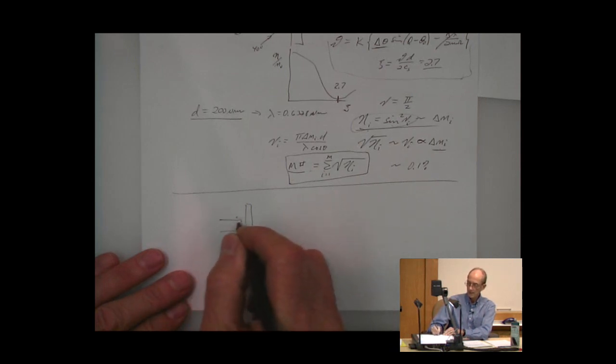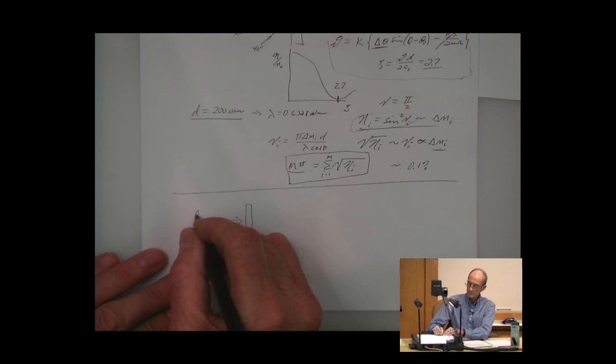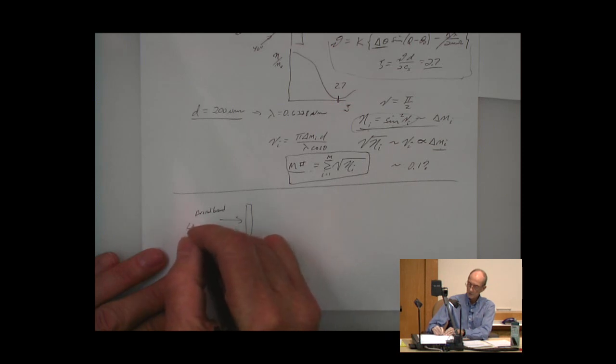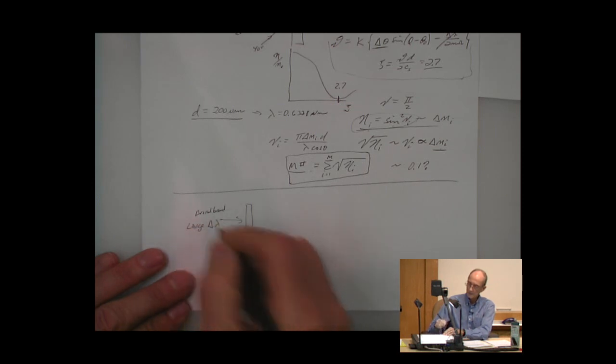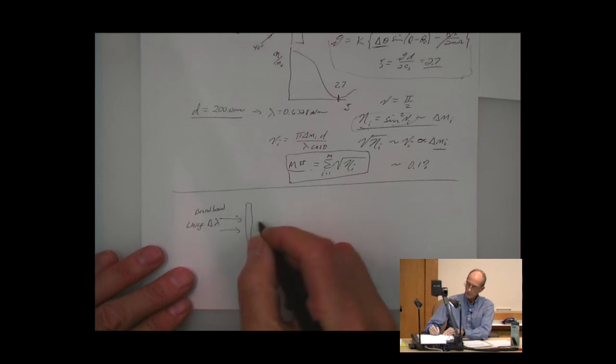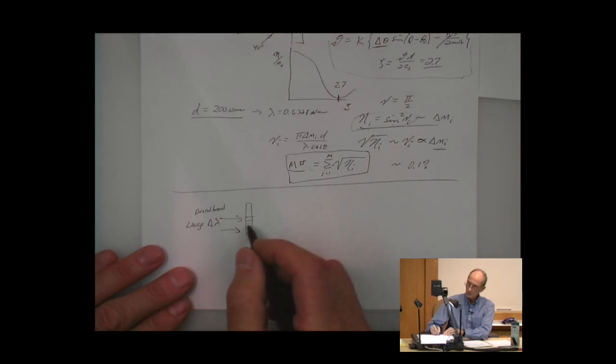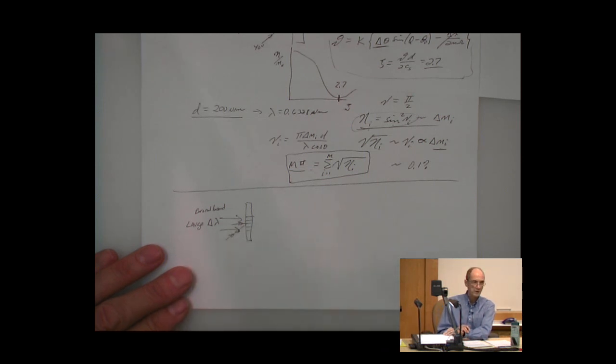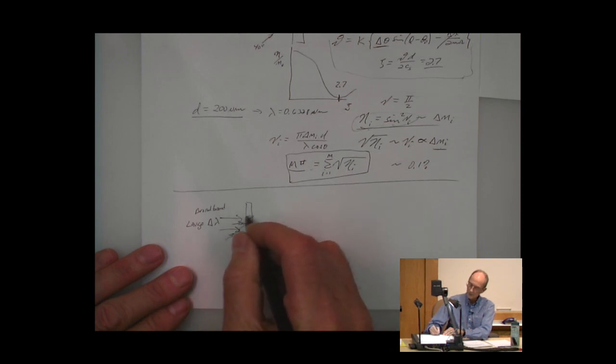And so here you have broadband solar illumination coming in, so you have a large delta lambda coming in. And of course, this would be a transmission hologram. And it's recorded so that one beam is at normal incidence and one beam was at some angle, about 20 degrees to that normal. So the fringes are actually slanted a little bit.